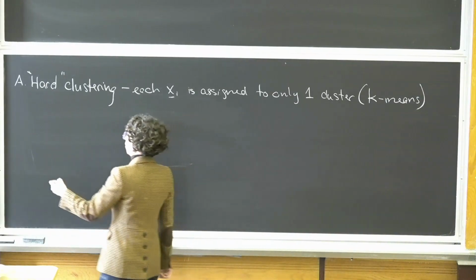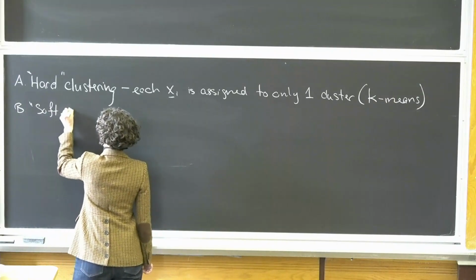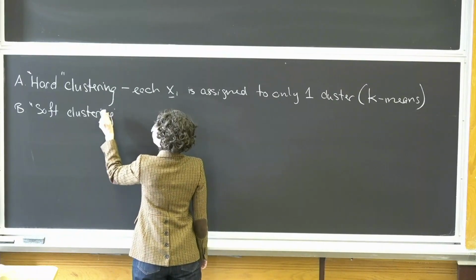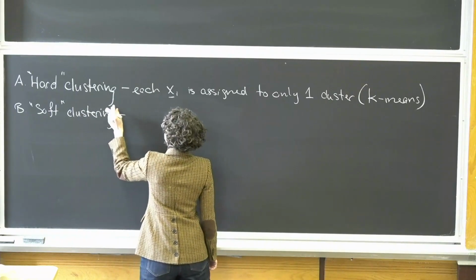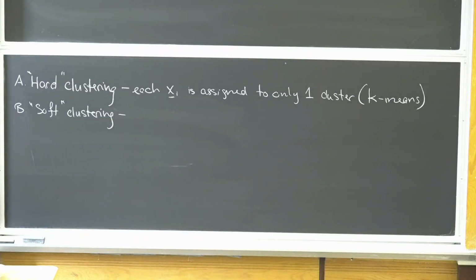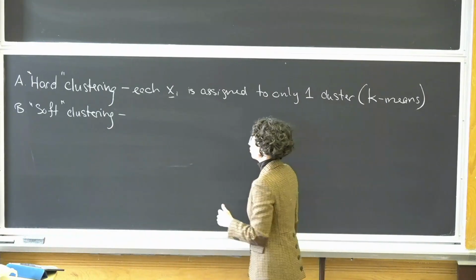The alternative is soft clustering. With soft clustering, the idea is that each point can be in more than one cluster. And what we try to think about is the likelihood of each point being assigned to each cluster.